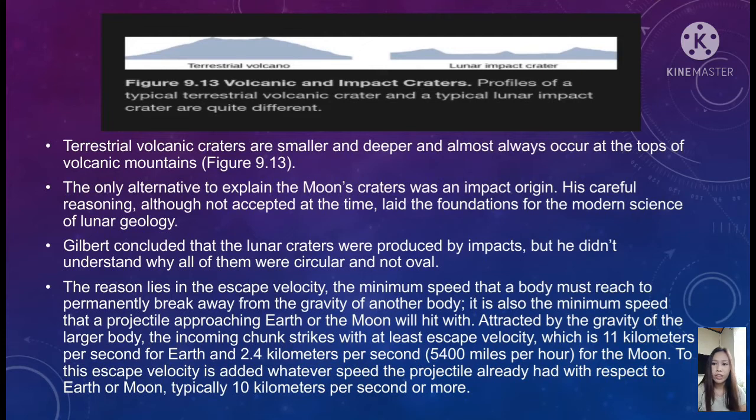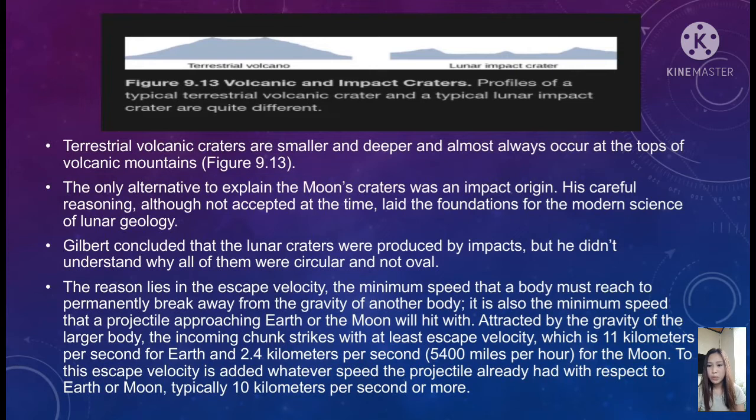Gilbert concluded that the lunar craters were produced by impacts, but he didn't understand why all of them were circular and not oval. The reason lies in the escape velocity, the minimum speed that a body must reach to permanently break away from the gravity of another body.